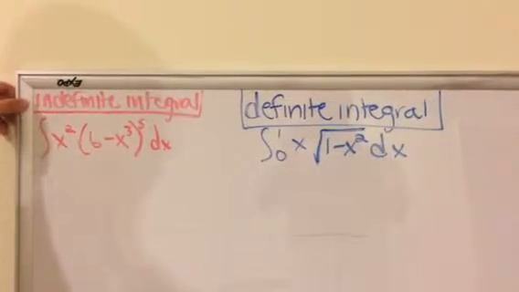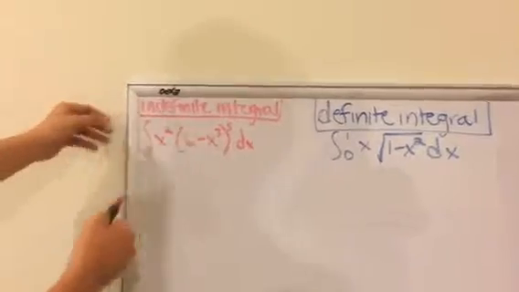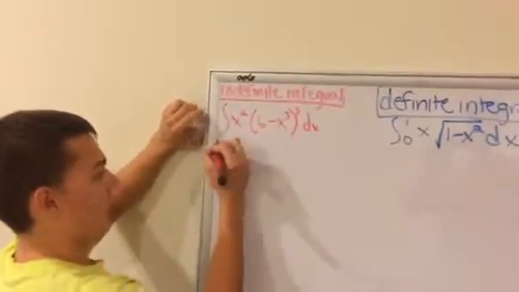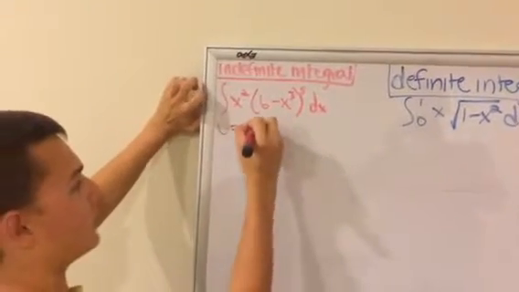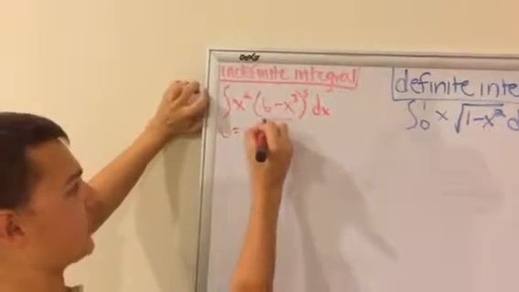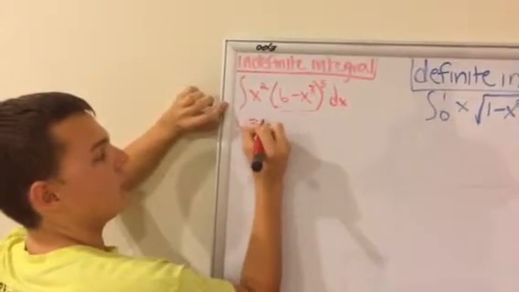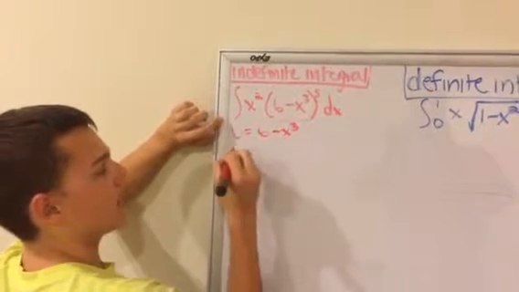First, indefinite integrals. You don't have your a or b, it's just the integral of that function. So you would start off by figuring out what our u is. In this case, we want our u to be within this term because we take the exponent of that term. So u equals 6 minus x cubed.